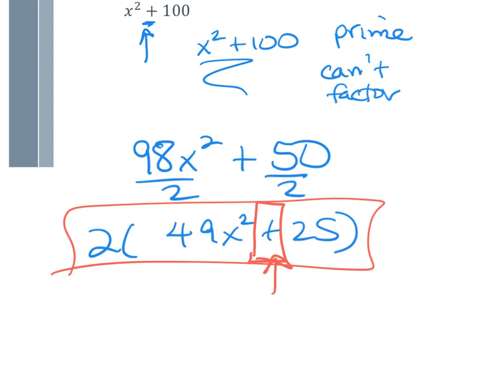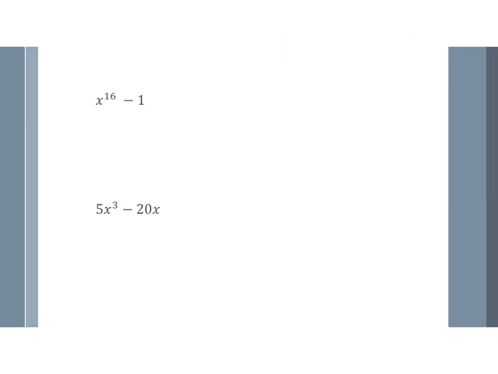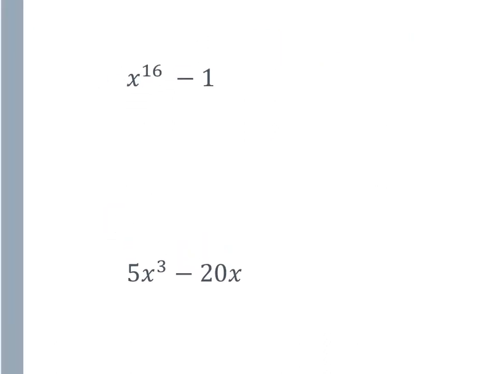All right, next one, we're going to factor it a whole bunch of times. Are we ready? All right, x to the 16th minus 1. Perfect squares? Yes, it's an even exponent. Remember, when we square root a variable with an exponent, we're dividing that exponent by 2. So this will become x to the 8th when I square root it.